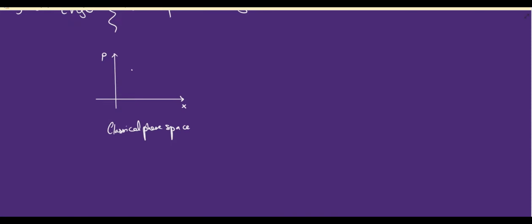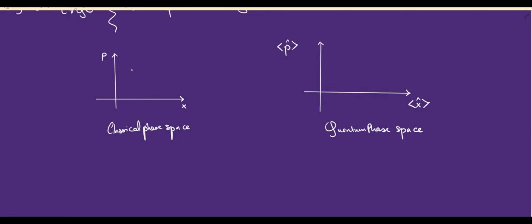In the same way, if we are trying to visualize a quantum state of a quantum particle on a quantum phase space, the x-axis represents expectation value of position of the state, and the y-axis represents expectation value of the momentum of the state. And as I told you, unlike this being a point, it is represented by a Wigner distribution function, and hence there is a spread.